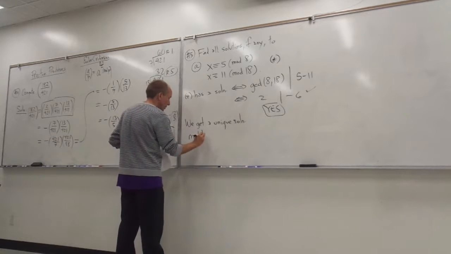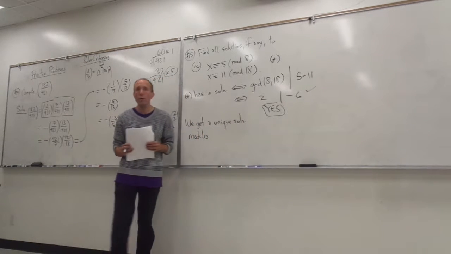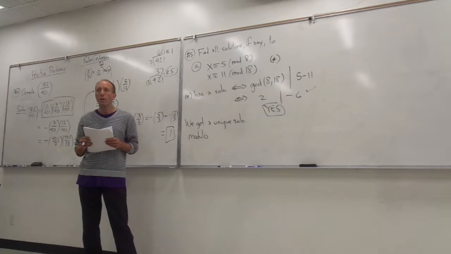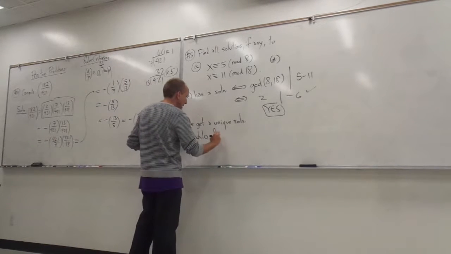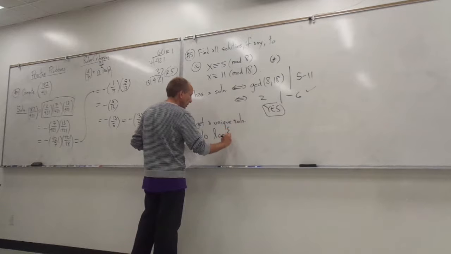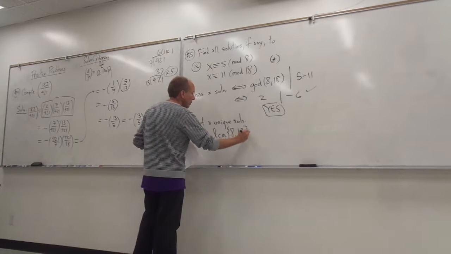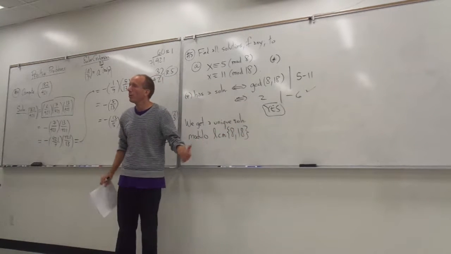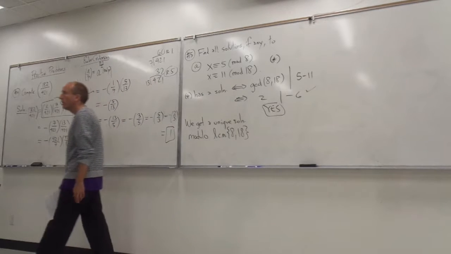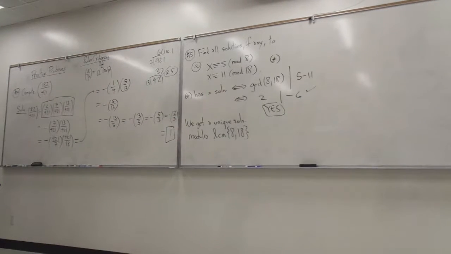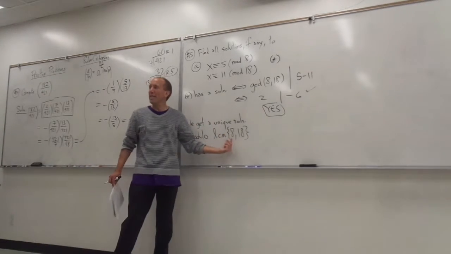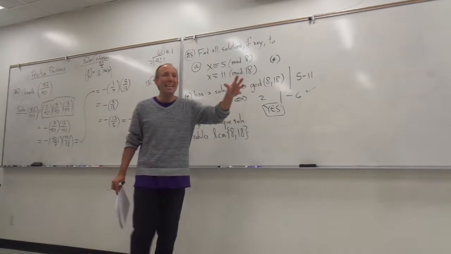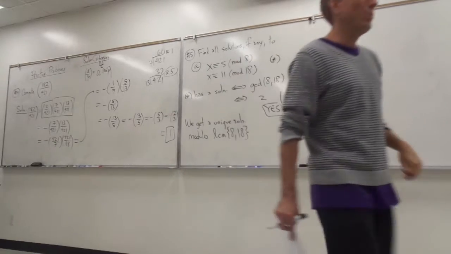modulo what? Does anybody remember what the mod is for the unique solution to this? The LCM, exactly. The least common multiple of 8 and 18. By the way, what's the best way to find the least common multiple of two numbers? Probably divide by GCD. Use the GCD, right? Exactly. What you do is you remember that the LCM times the GCD equals the product of the two numbers.